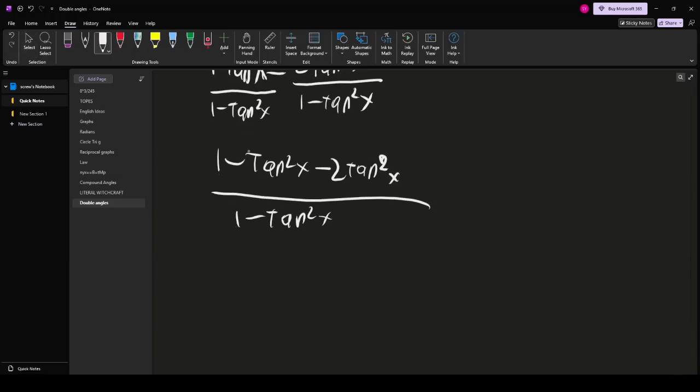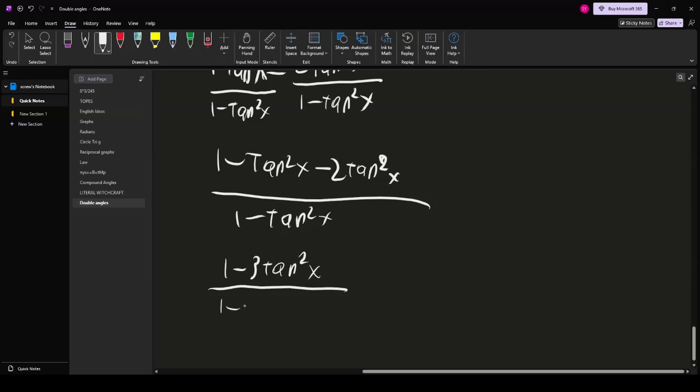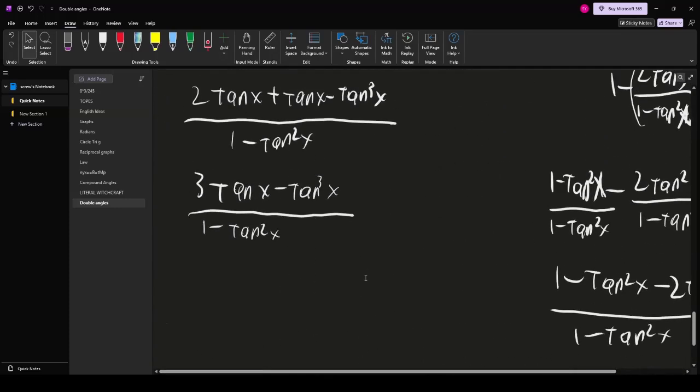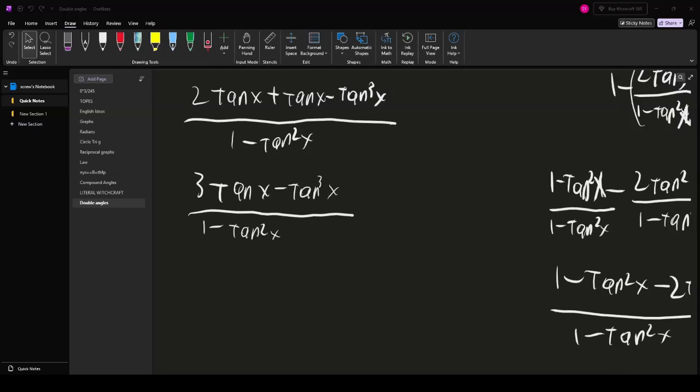Combine like terms, 1 minus 3 tan squared x over 1 minus tan squared x. How many times have I said tan squared x, bro? Another drinking game. Take a shot every time I said tan squared x.